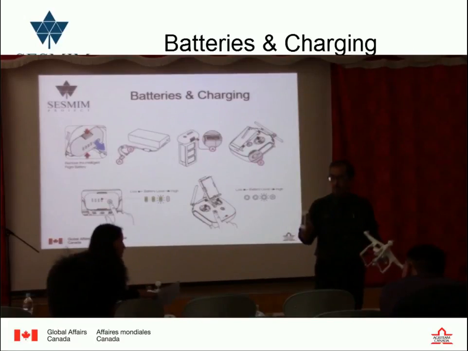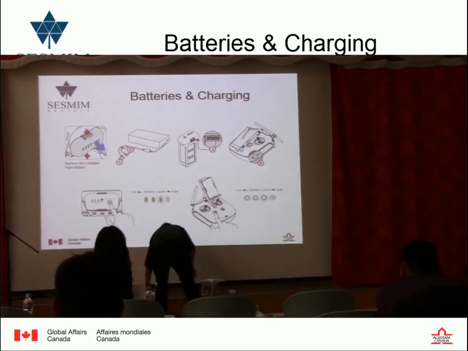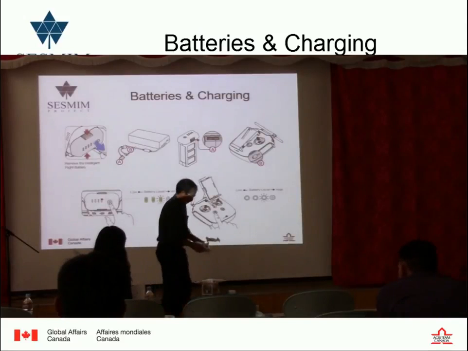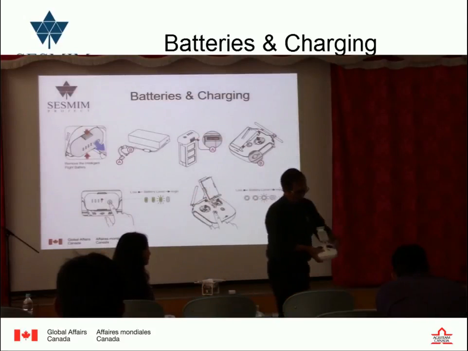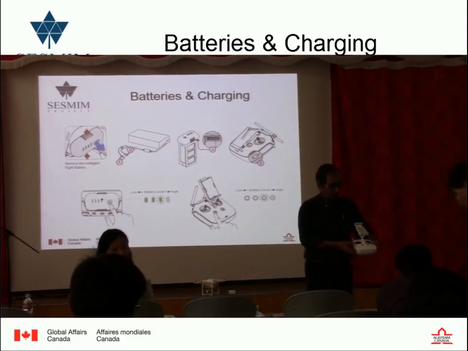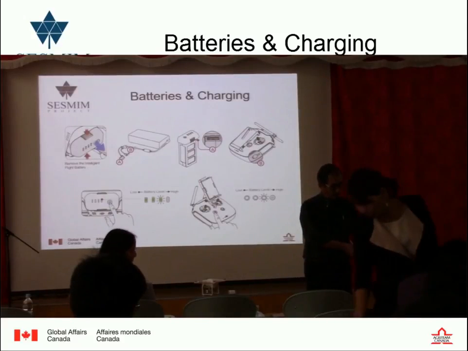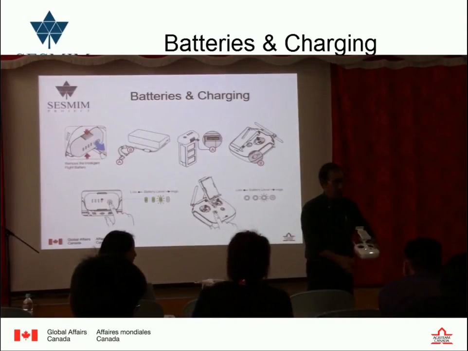It's an intelligent battery. And for the controller, do the same thing. You push once to see how much charge, four bars. So we want it to be turned on properly. You push once, push once, push and hold.